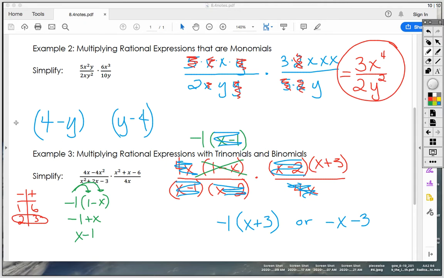I could multiply this times negative 1 and apply the same rules here and get this. But if this were plus y, are they negative inverses? No. That does not work if the powers are different.